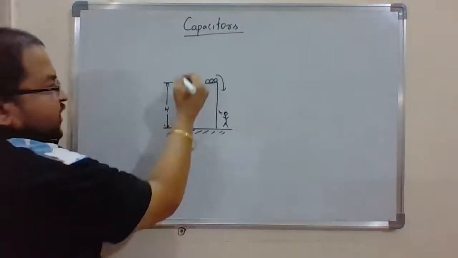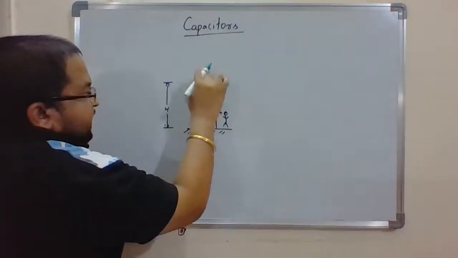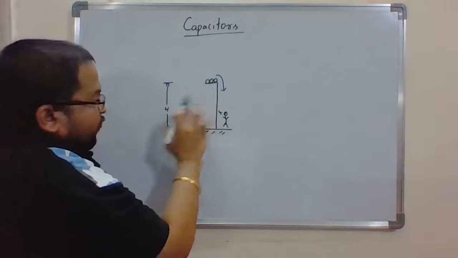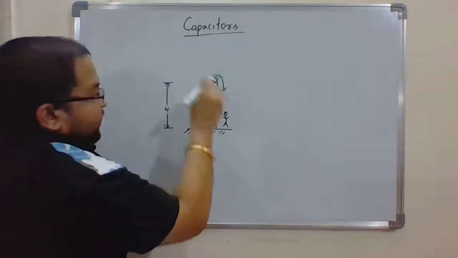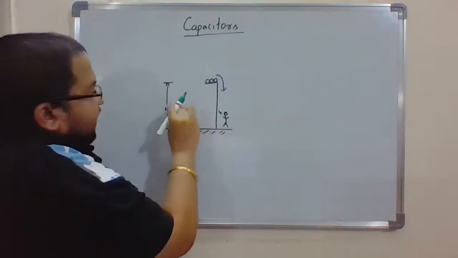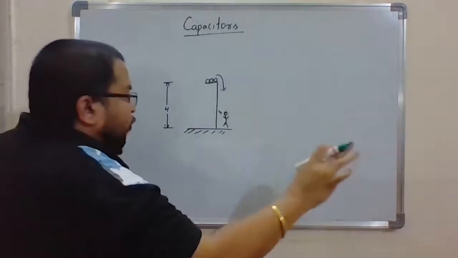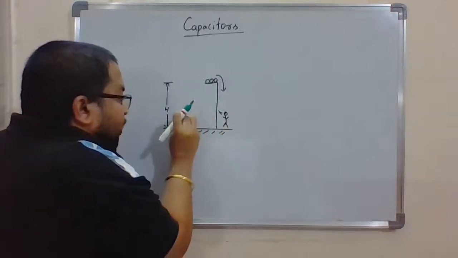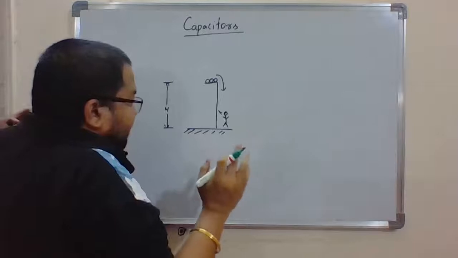I repeat, the functioning is, say this is the entry gate of a fort, and when there is no war, the soldiers inside the fort have picked up stones of big size.